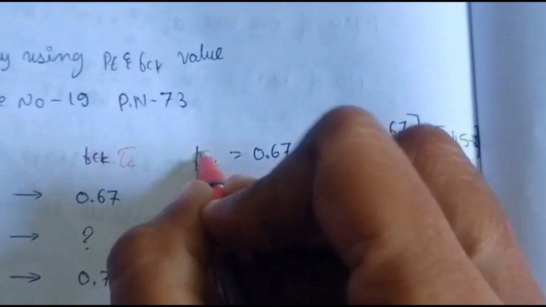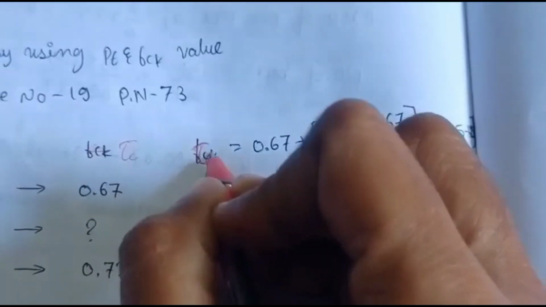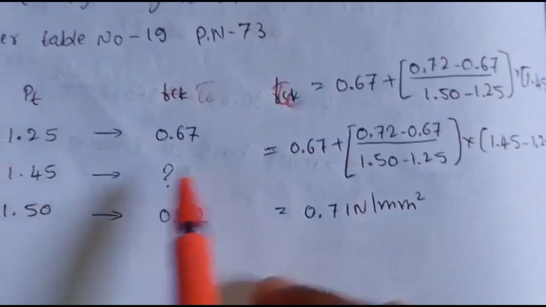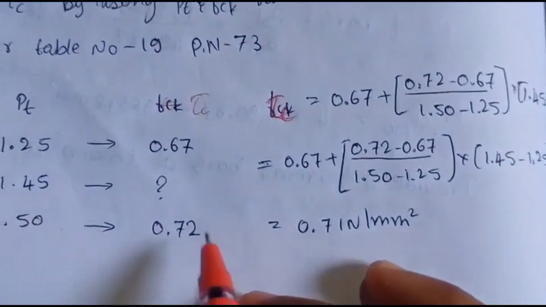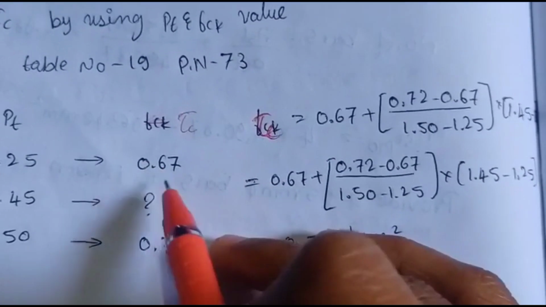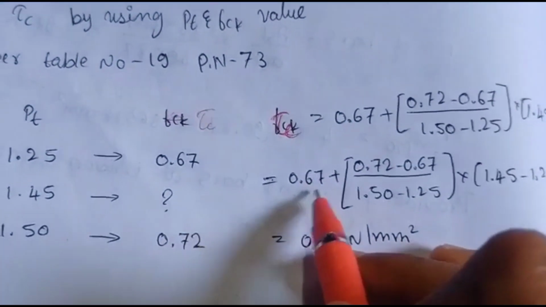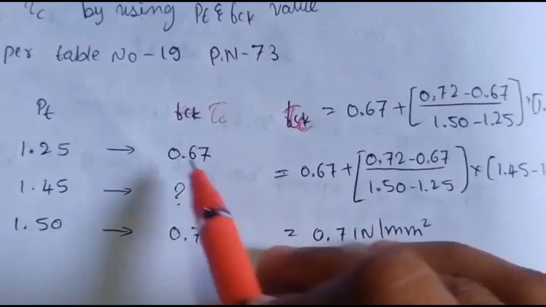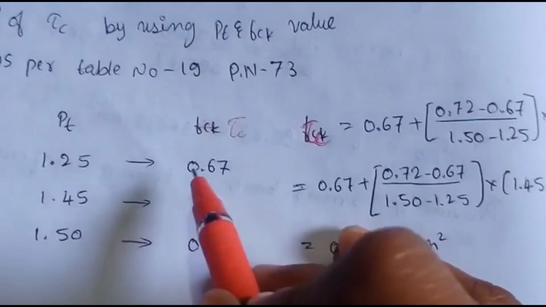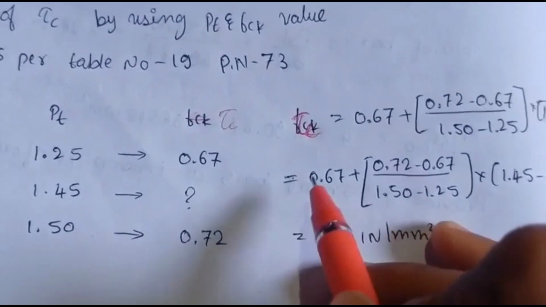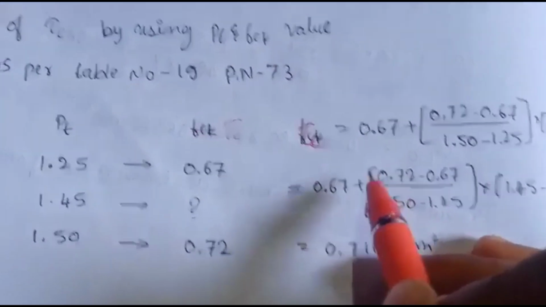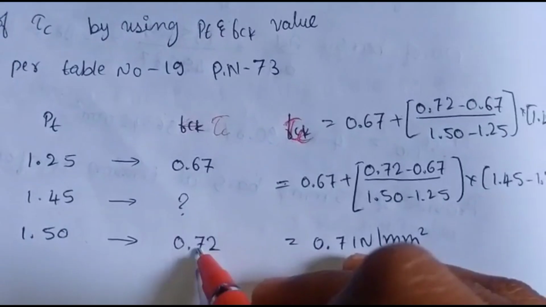To calculate the tau c, I will show the interpolation method. By doing interpolation we'll take first 0.67. Why 0.67? Because this value goes on increasing and this is the least value. We will take the least value and add to it, because it goes on increasing. After that we will take the greater value minus least value.